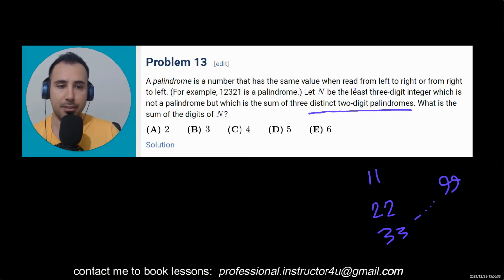Because they're going to be different. For example, I can't write 44 plus 44 plus 44. Why not? They're not distinct. So we understand so far three distinct, and the sum means we have to add them. When we add these numbers, they're supposed to be the smallest three-digit number. Okay, let's go and see.